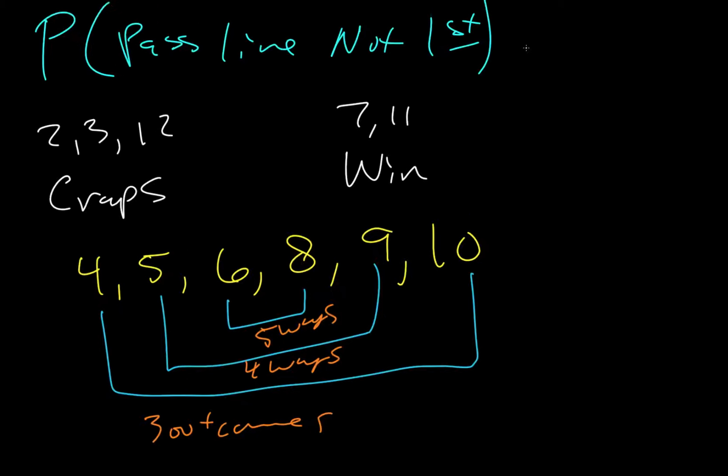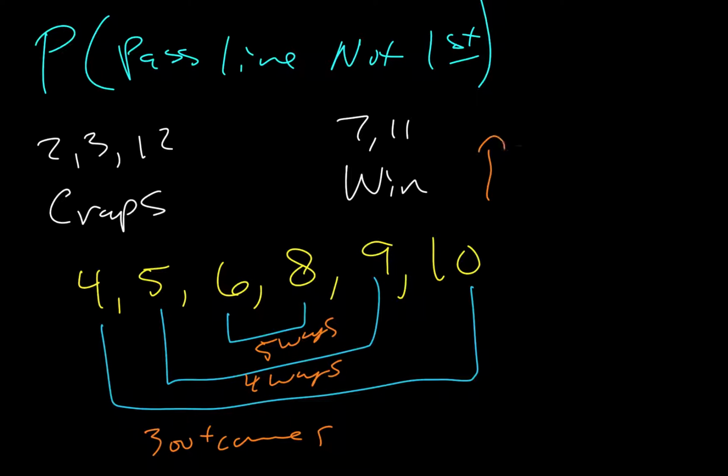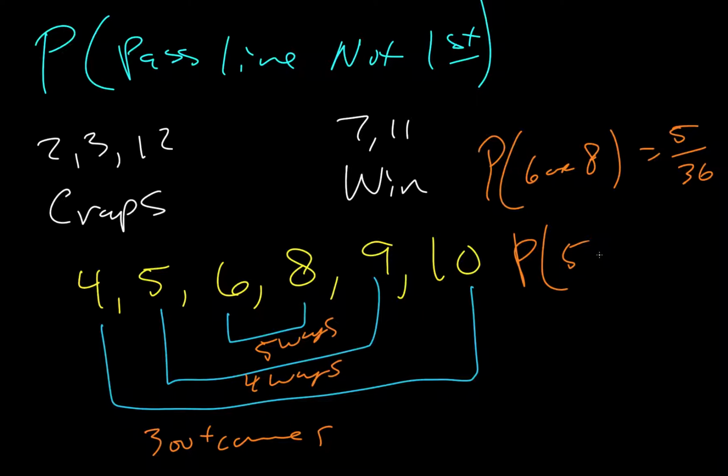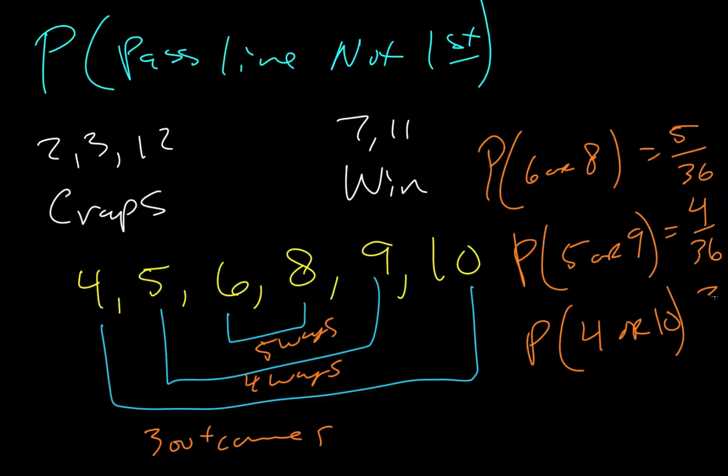So, if our first roll we got a 6 or 8, we would have a 5 out of 36 chance. If on our first roll we got a 5 or 9, we would have a 4 out of 36 chance. And if we had a 4 or a 10, we would have a 3 out of 36 chance on each of those subsequent rolls. Okay?